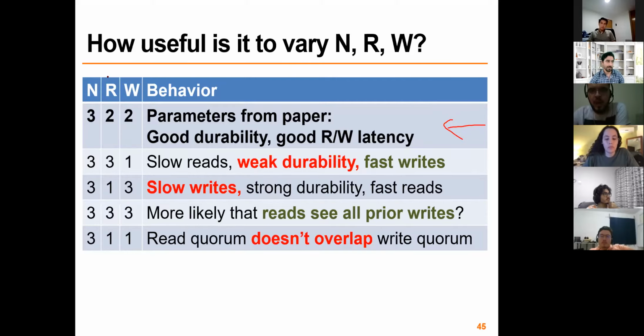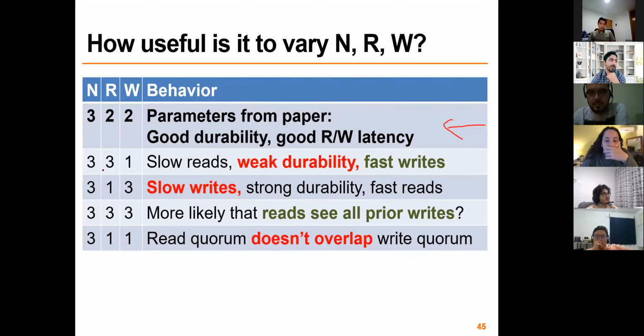But because there are tunable parameters, if you set it so you write to all 3 and you read from only 1, or the other way around: you have 3 replicas and you want to read from all 3 to consider your get a success, and write to 1, it gives you slow reads because you want to make sure you're reading from all the replicas, and it gives you big durability and fast writes because you're just writing to one replica.